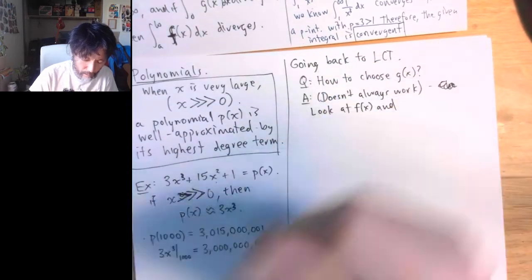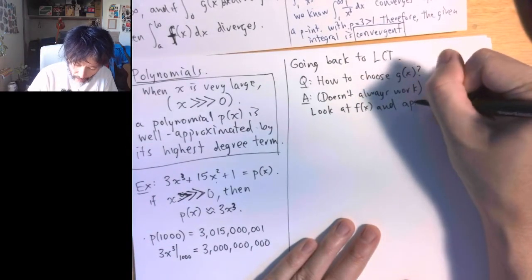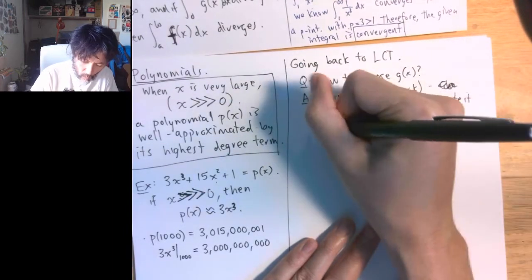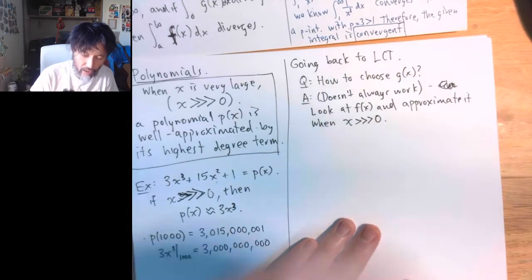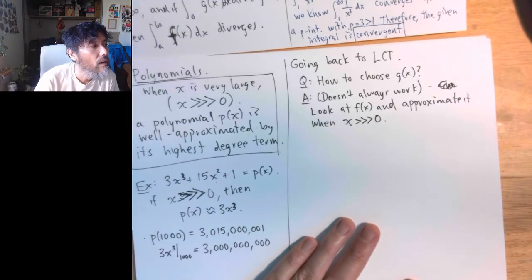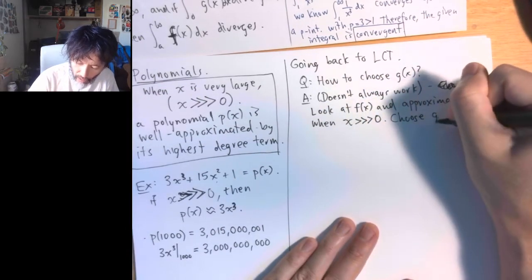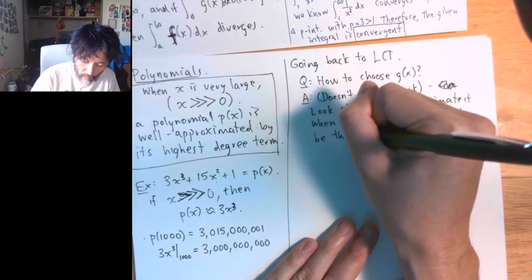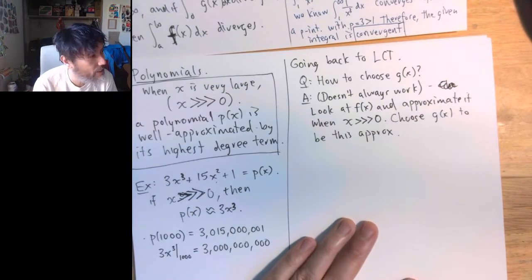Look at f of x and approximate it when x is very, very, very large. Choose g of x to be this approximation. That's the idea here.